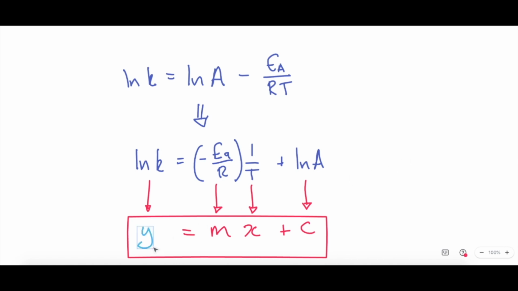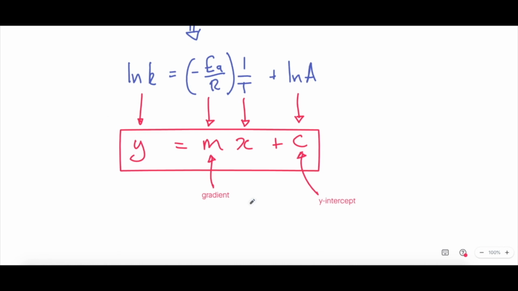So what that means is on your graph, if you plot y against x, then your m would be your gradient and your c would be your y-intercept. So if we translate this to the equation we have above, if you plot ln k against 1 over T, like so, then you should get a straight line graph.